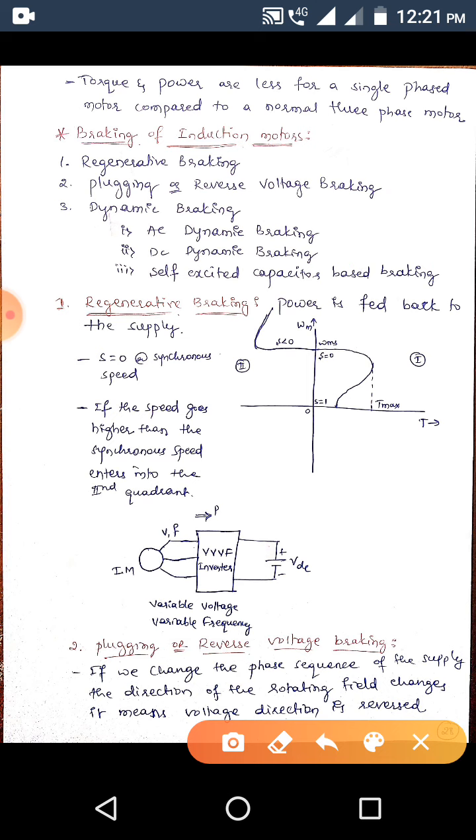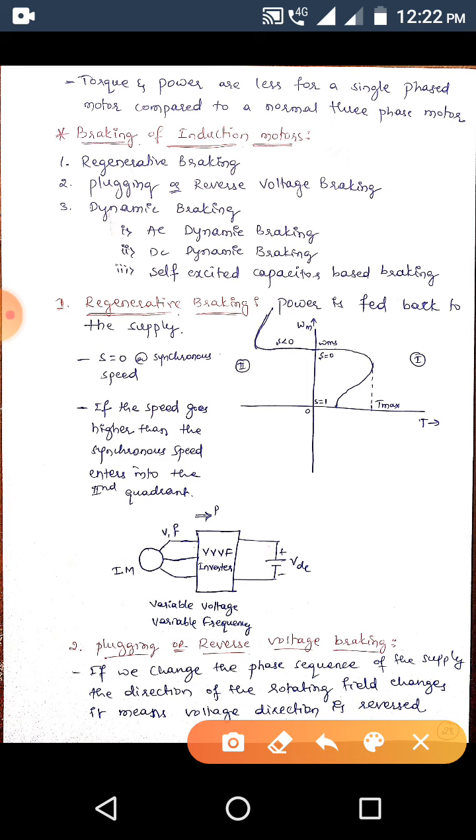These are the three different kinds of dynamic braking. Let us see the braking of induction motors one by one. First one, regenerative braking. As we know, in a regenerative braking system the power is fed back to the power supply. We'll explain this by using the speed torque characteristics.